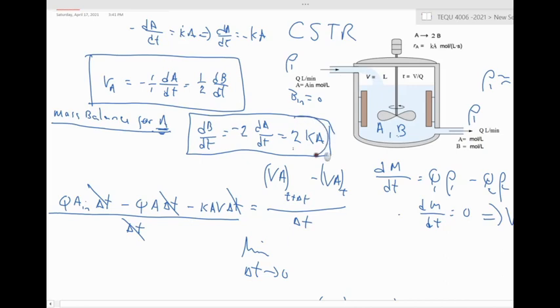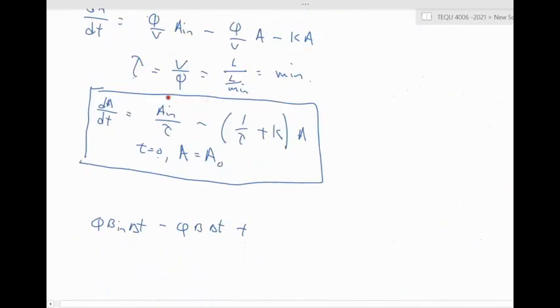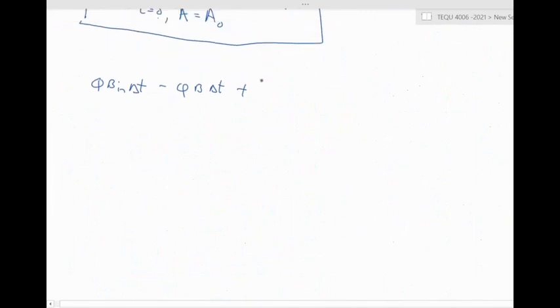So in my mass balance for the reaction of B, I have to be careful here and have a 2Ka. The same applies, and this is mole per liter per second. You have to multiply by the volume and by delta T, and that has to go into the general balance of B.